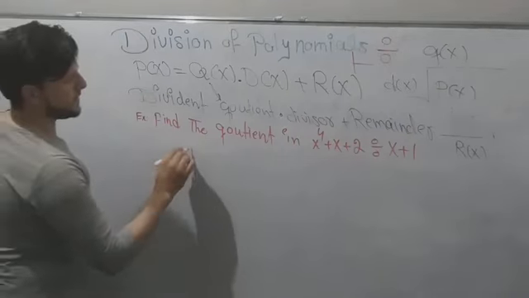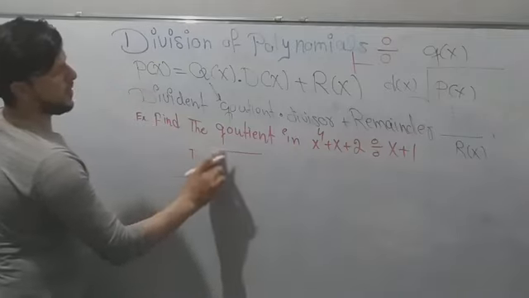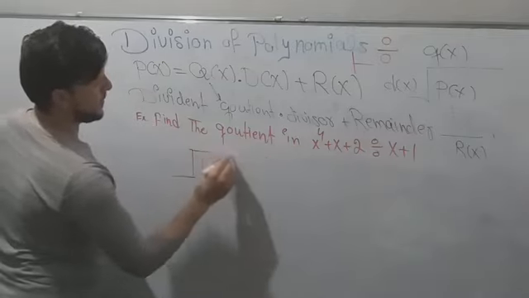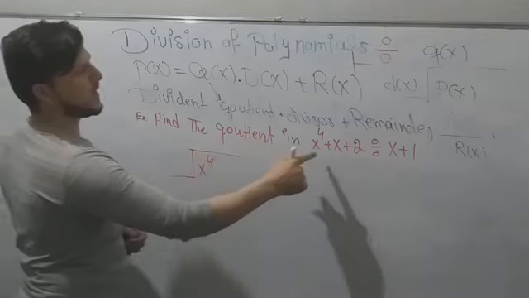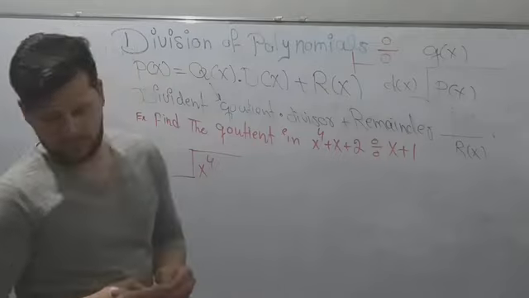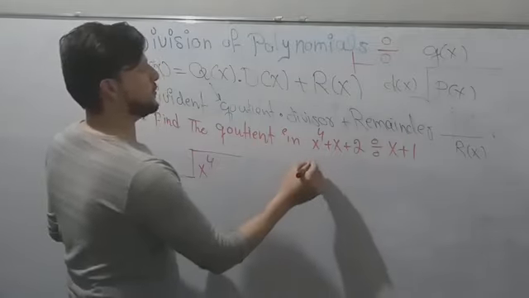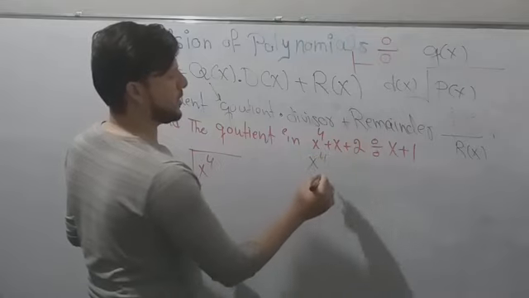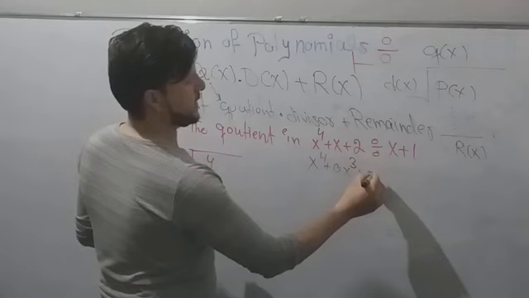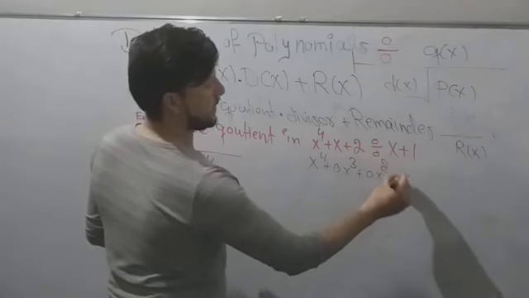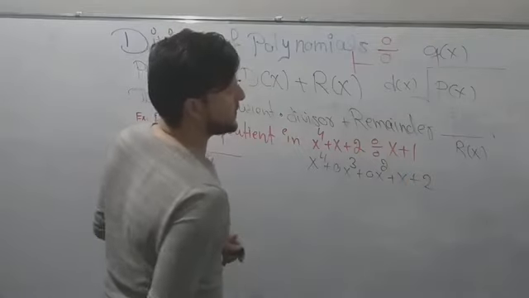First, write the polynomial p(x), x to the power of 4. You know that p(x) is not a complete polynomial, so to complete it you have to write it like x to the power of 4 plus 0x^3 plus 0x^2 plus x to the power of 1 plus 2x to the power of 0.